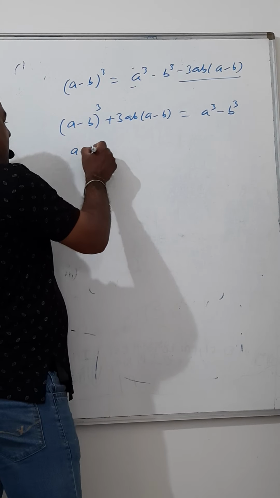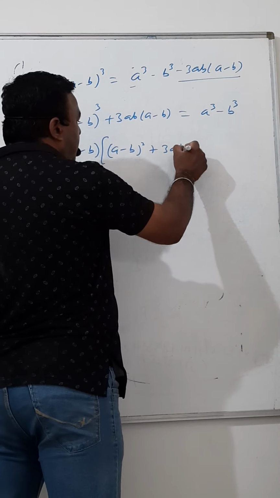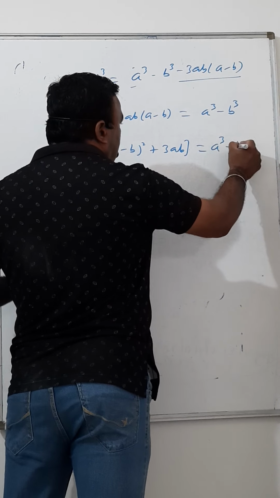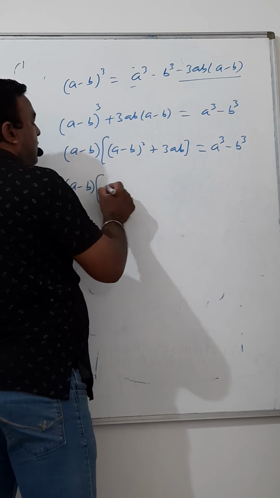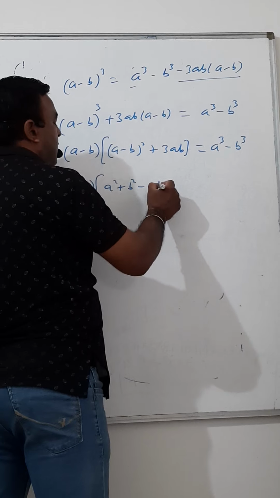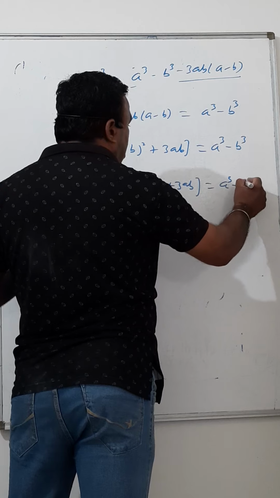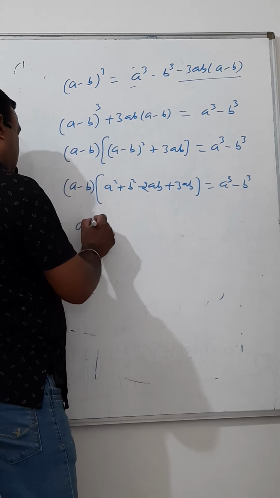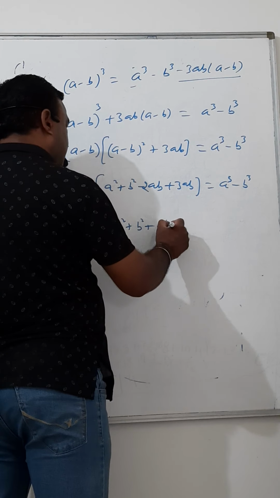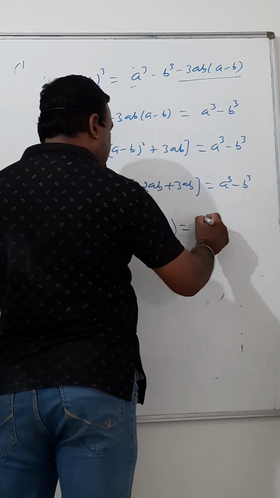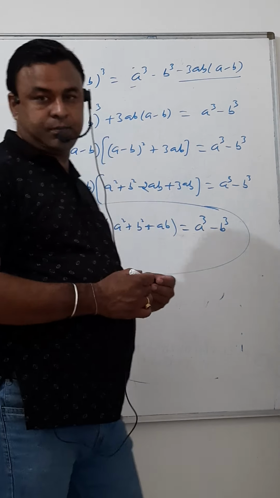Take a minus b common. Here you have (a minus b) whole square plus 3ab, times (a minus b), equals a cube minus b cube. So (a minus b), this is a square plus b square minus 2ab plus 3ab. (a minus b)(a square plus b square plus ab). These are the factors of a cube minus b cube.